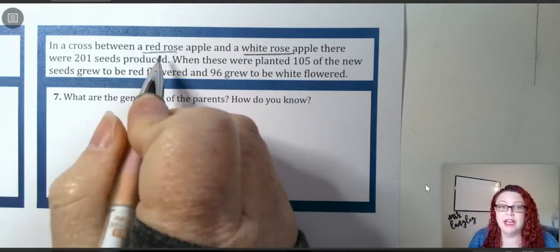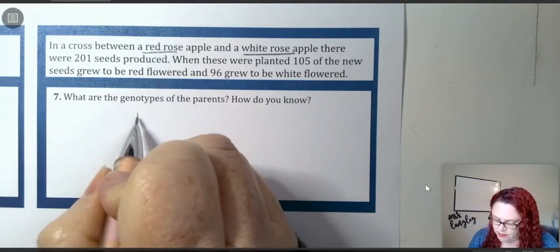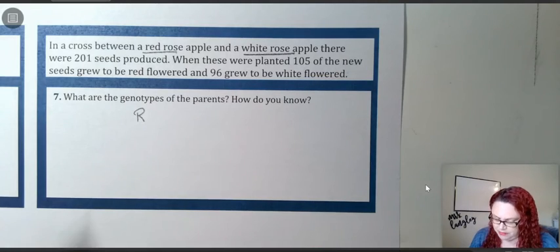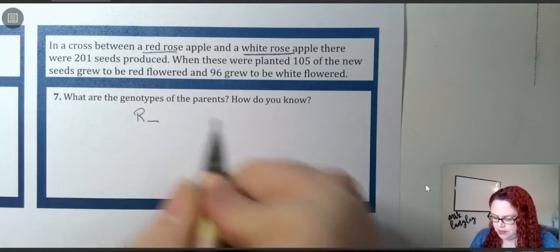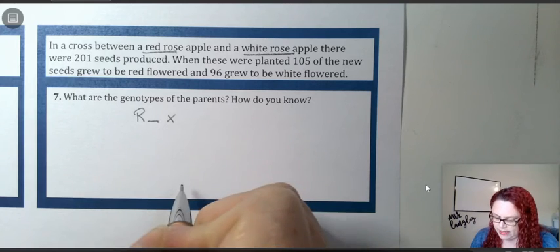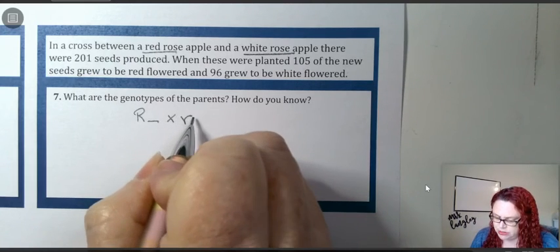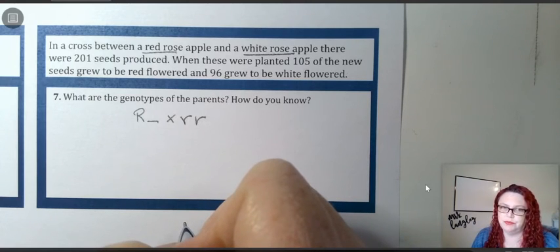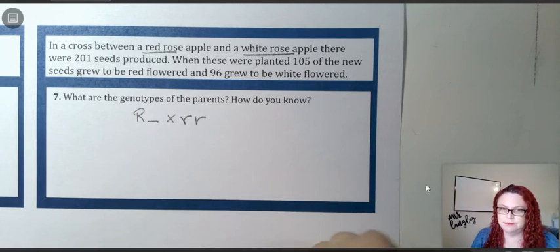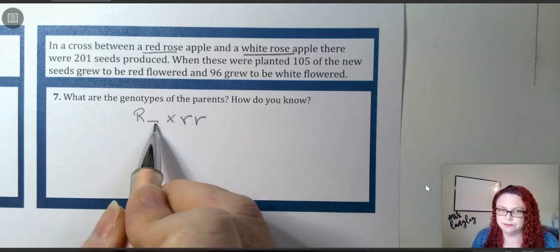Well, to be red, I know I have to have at least one dominant allele. But I'm not sure what's here. It could be another dominant or it could be a recessive. But it says the other parent is white. That means it has to be 2 little ones because the only way I could get white is to be 2 recessive. So I know this parent. I just don't know this one.